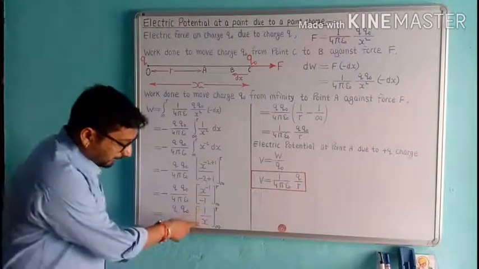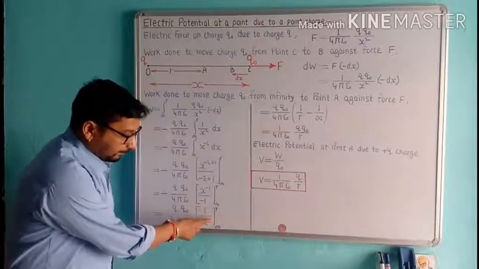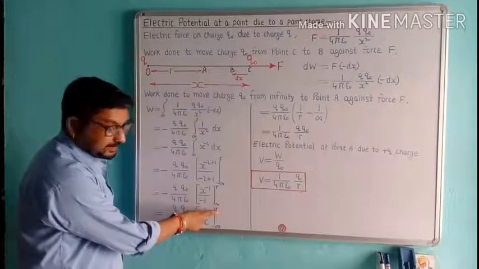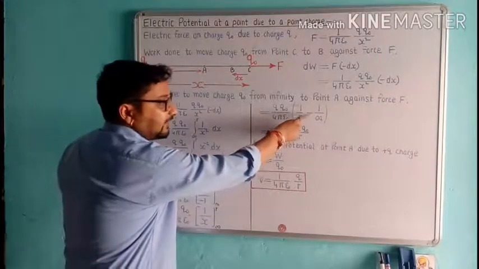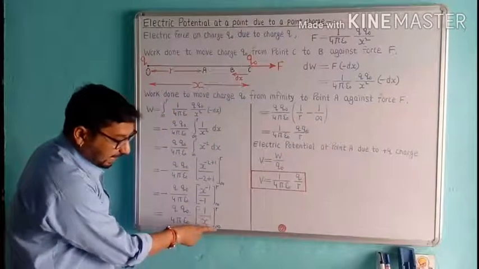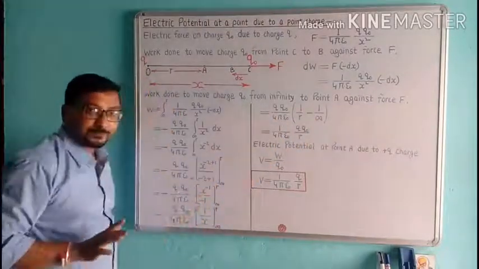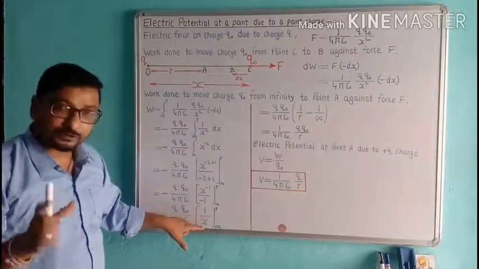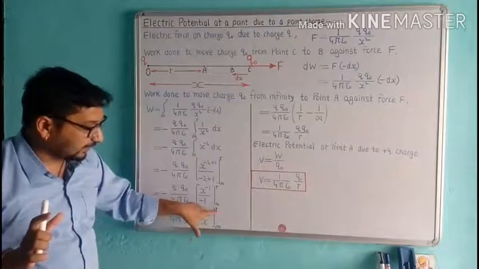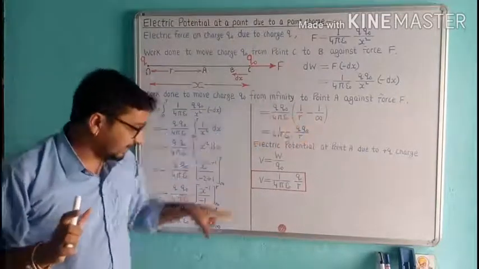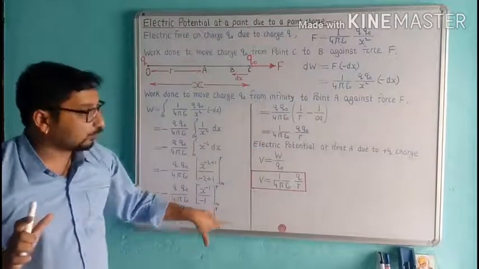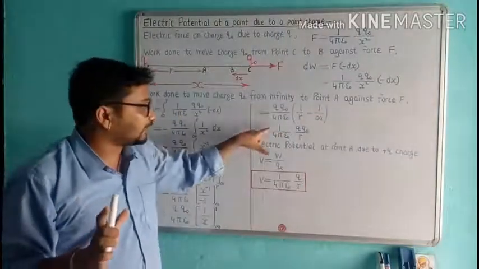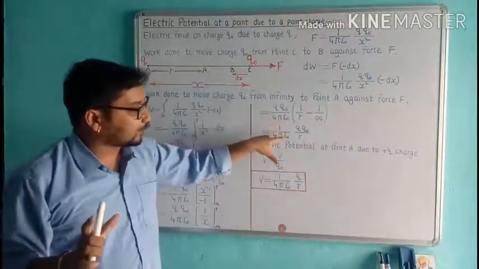This is the solution of the integration. First replace x by the upper limit r, then use the minus sign, then replace x by the lower limit infinity. Now 1 upon infinity means 0, so we get work done equal to 1 upon 4 pi epsilon naught Q Q naught upon r.